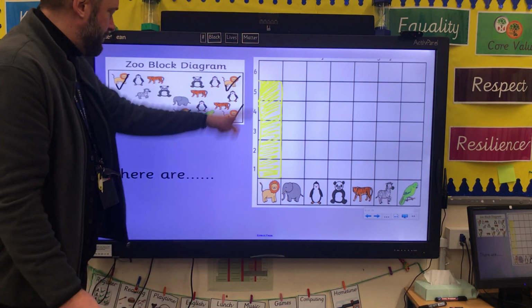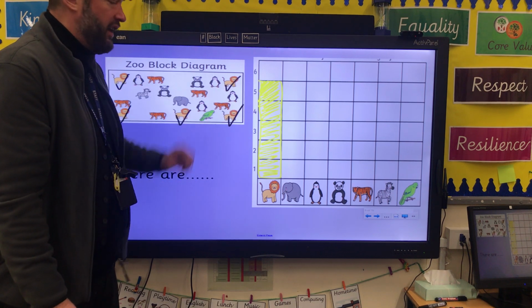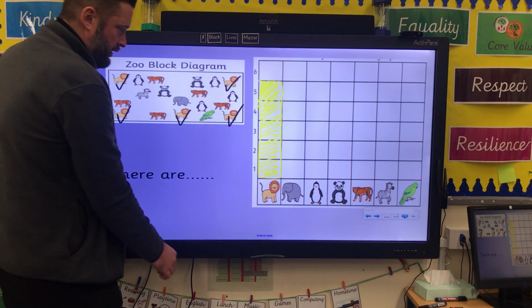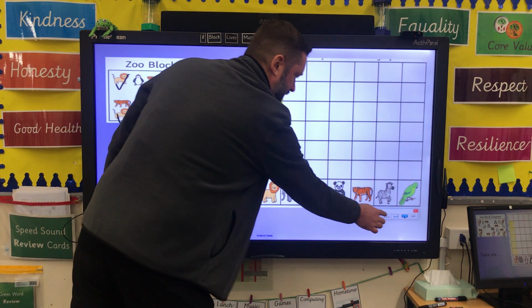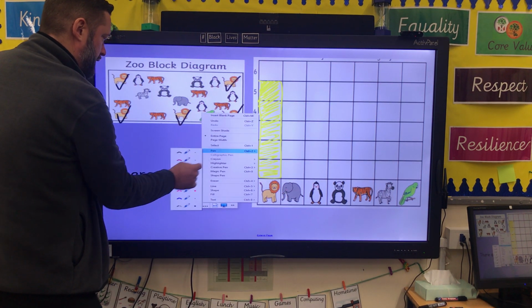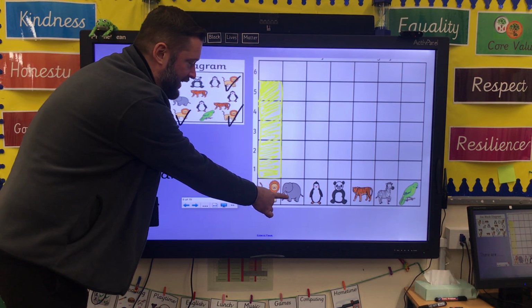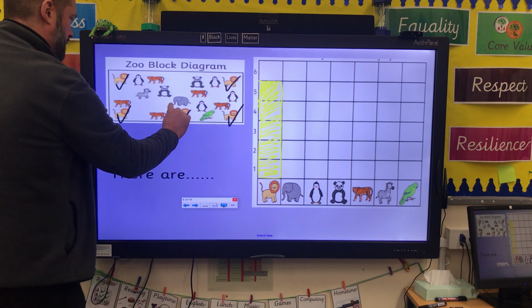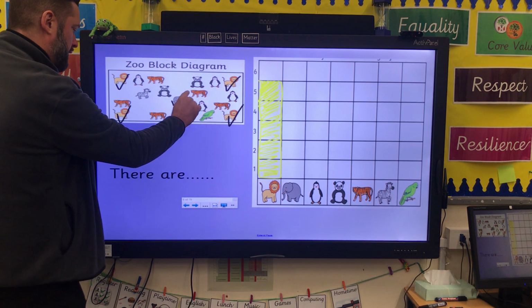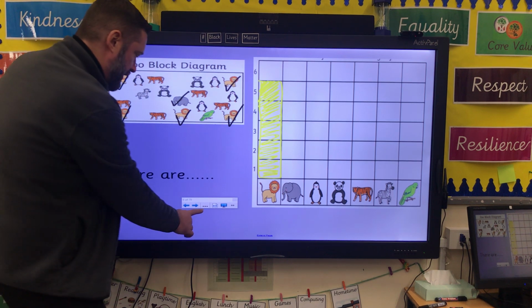So this bar represents the lions. There are 5 lions in the zoo. Let's do the next column, the next bar. So I'm going to do which animal next? The elephants. There is 1 elephant in the zoo.